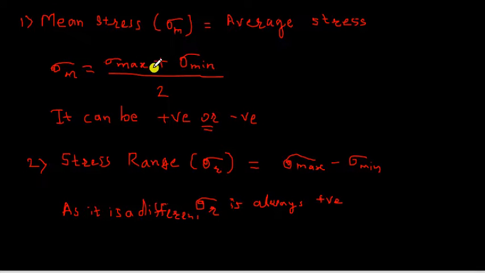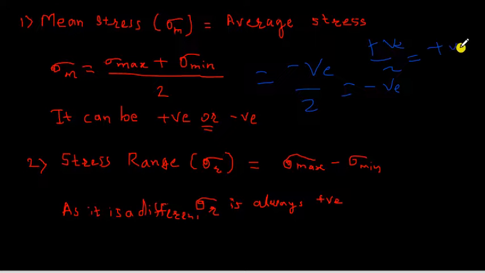That means if both the maximum stress and minimum stress are negative, their addition will be negative, and a negative value divided by a positive value gives a negative answer. If the addition of sigma max and sigma min is positive, then the mean value will be positive, because positive divided by positive gives a positive sign.